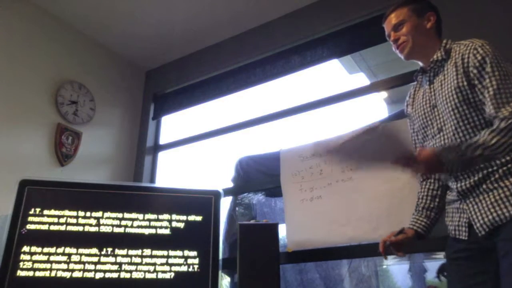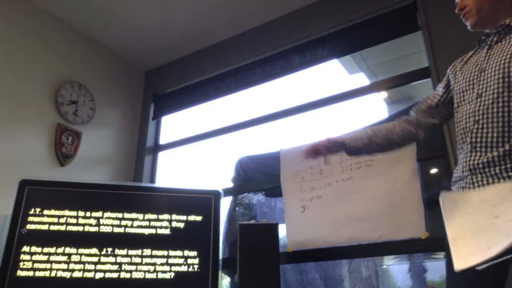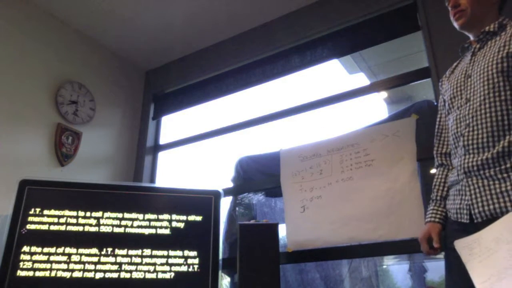And then the next one, we've got the younger sister. So, oops. We wanted to find these in terms of J to start, so I made the mistake of writing Y there. So he sent 50 fewer texts than his younger sister.